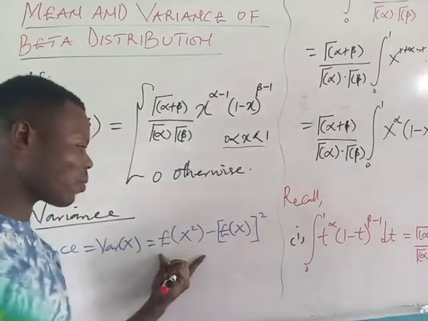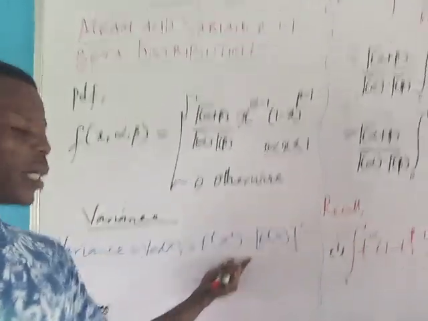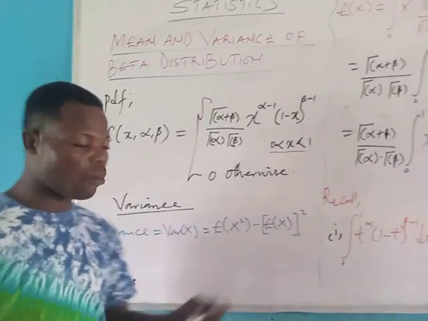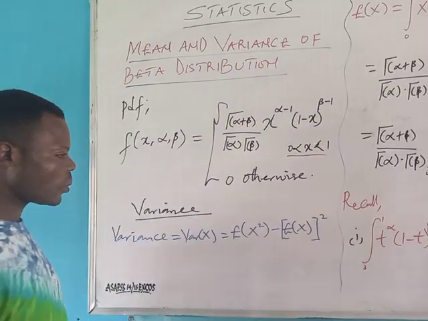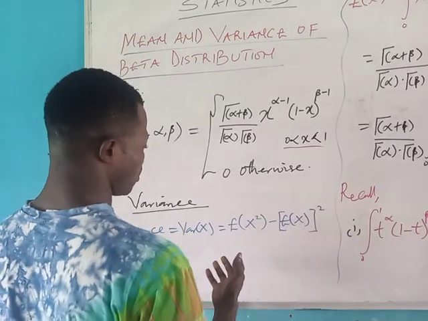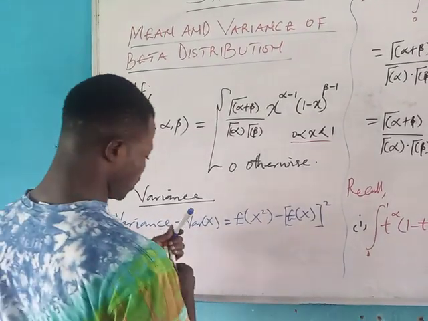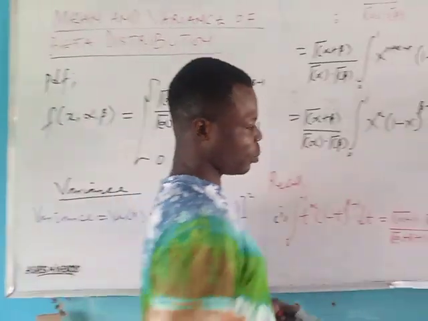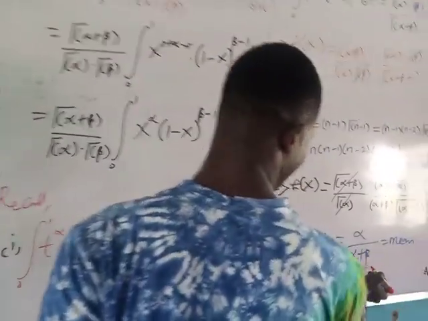So this is the variance of any variable, either a discrete or continuous distribution, with the moment method. So we are done with this. We know this already, which is the one we just proved here, and this is the value.